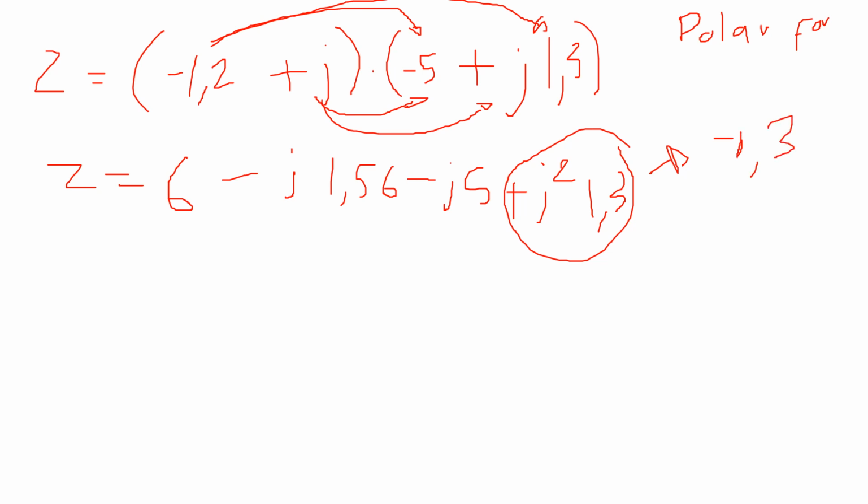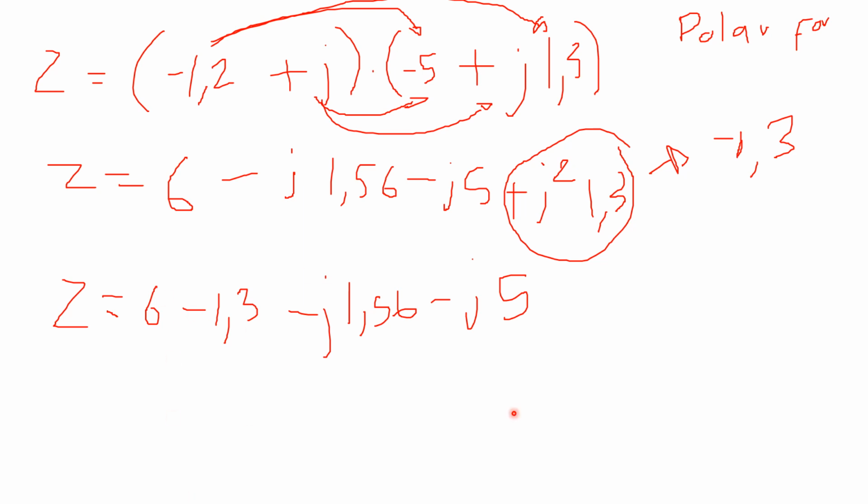So j squared 1.3 is the same as negative 1.3. So when we simplify here, we're going to have 6 minus 1.3. I'm just grouping the like terms here. And then we have negative j1.56 minus j5.